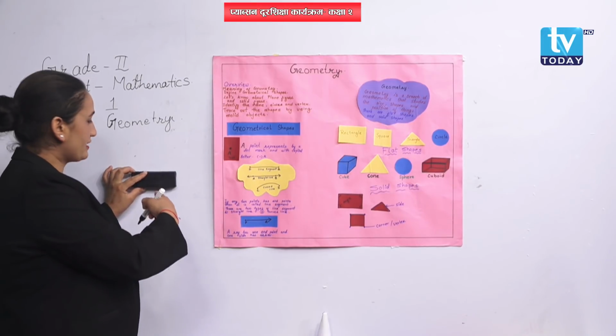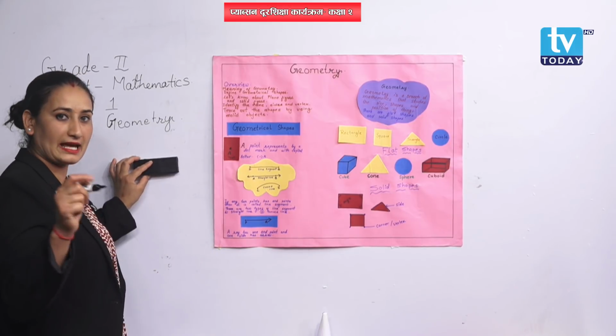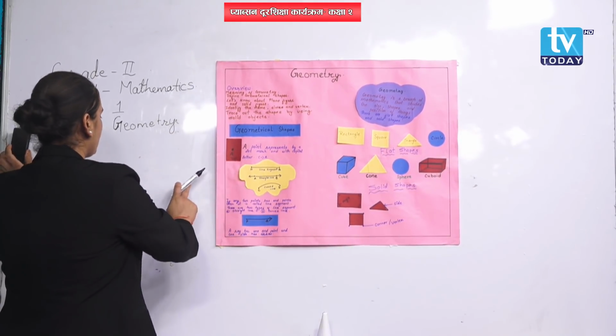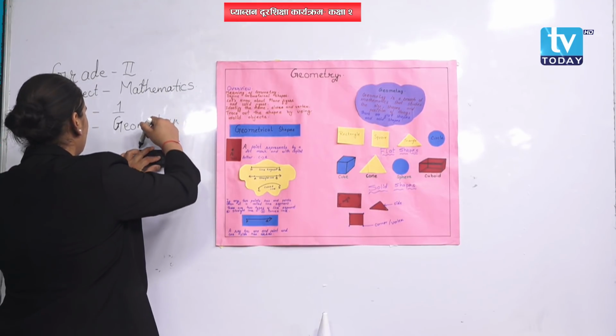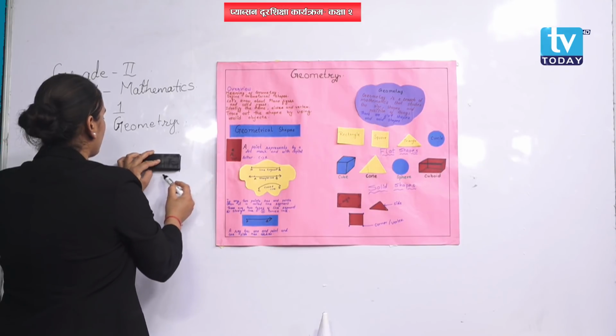I will draw here. I use the duster for drawing a rectangle. Be ready? Okay, everybody, I have drawn here. This is the rectangle.